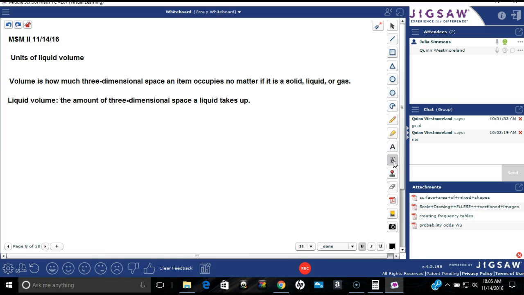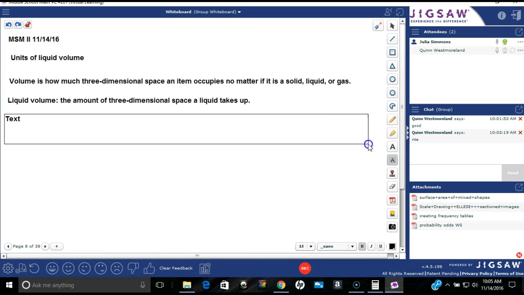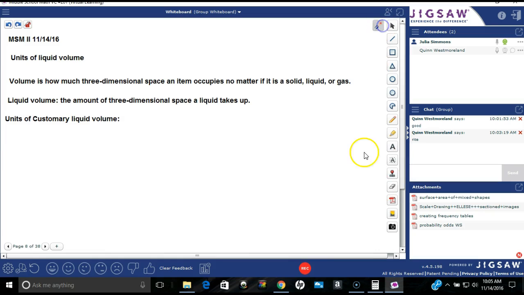And do you know the units of customary liquid volume? The units of customary liquid volume. We use these when we're cooking.